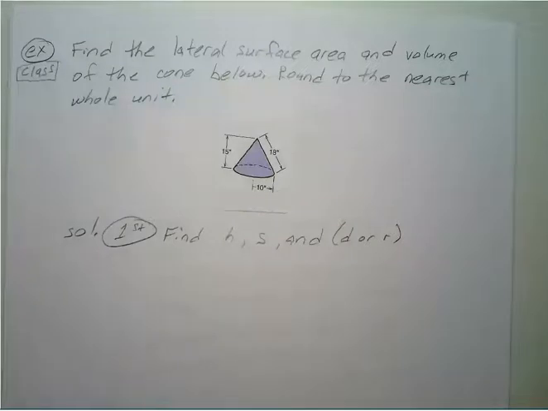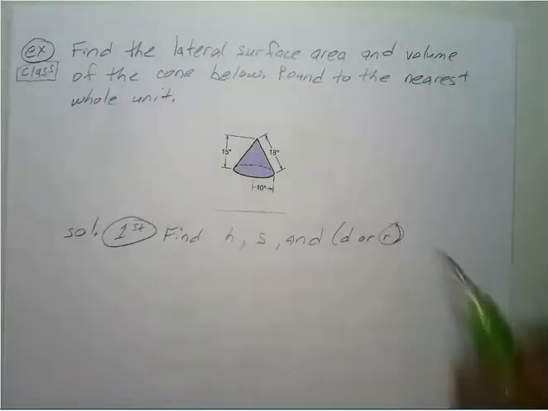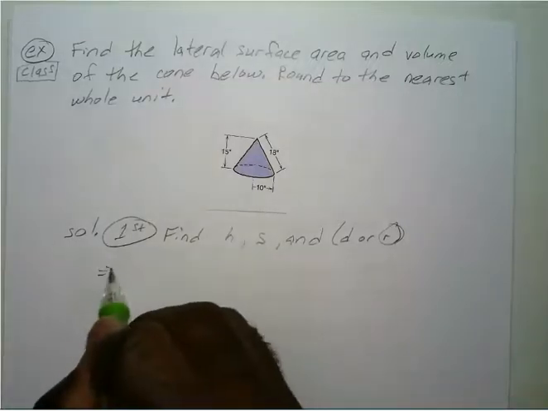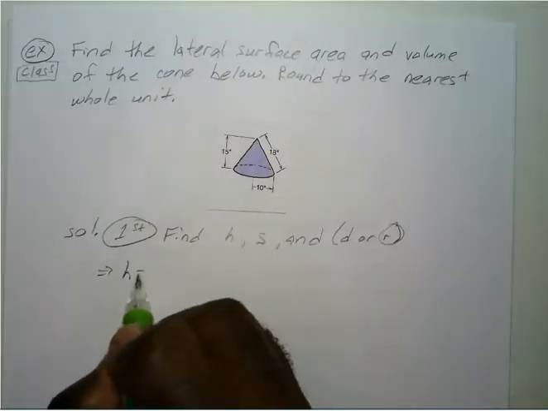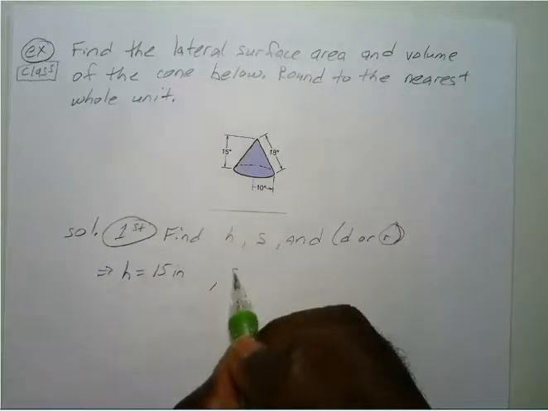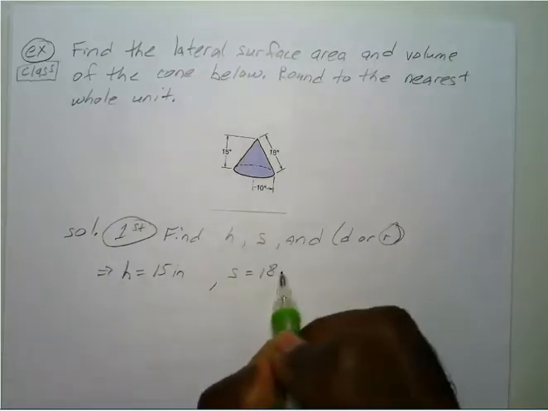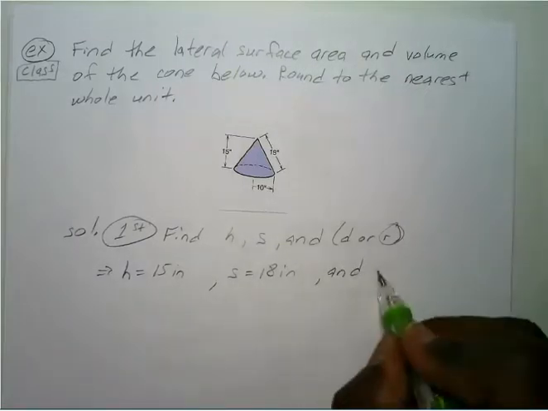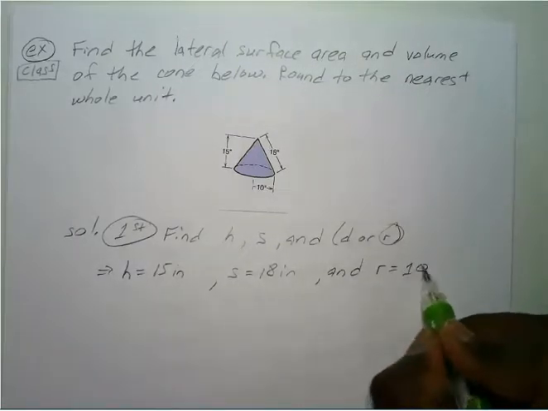In this case, they gave us the radius. So we know that our altitude is equal to 15 inches, our slant height is equal to 18 inches, and our radius is equal to 10 inches.